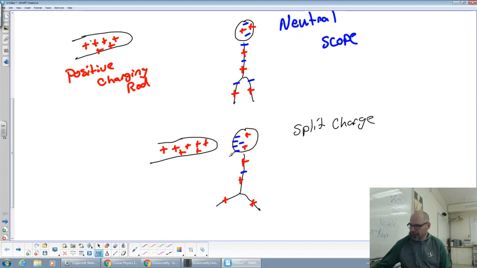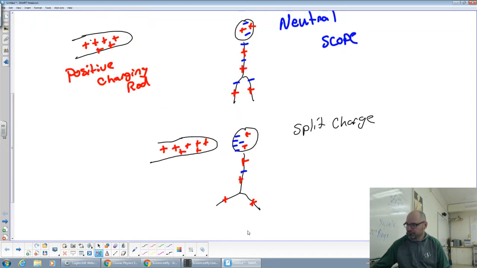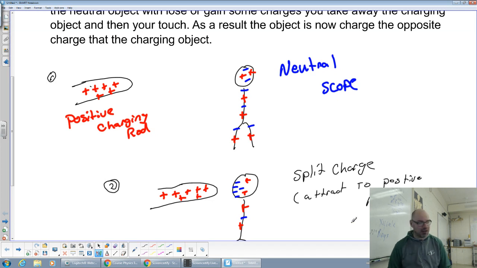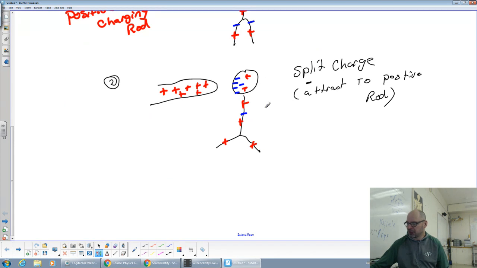Once you do that, the next step is to touch it with your finger. Put the negatives there.